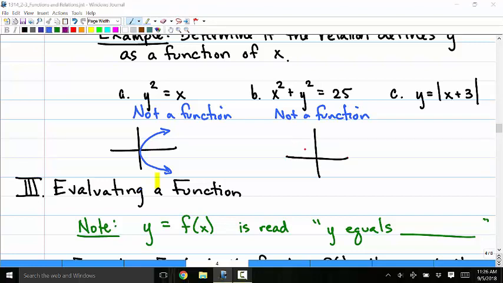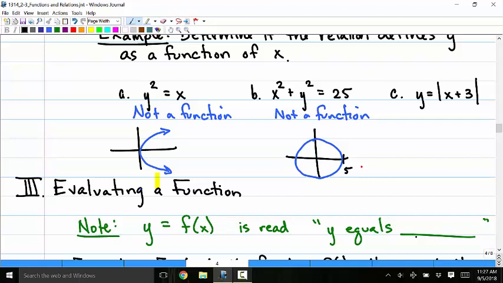This is actually the equation of a circle with center 0, 0 and radius 5. Remember that? Would the graph of a circle pass the vertical line test? No. So a circle is not a function.